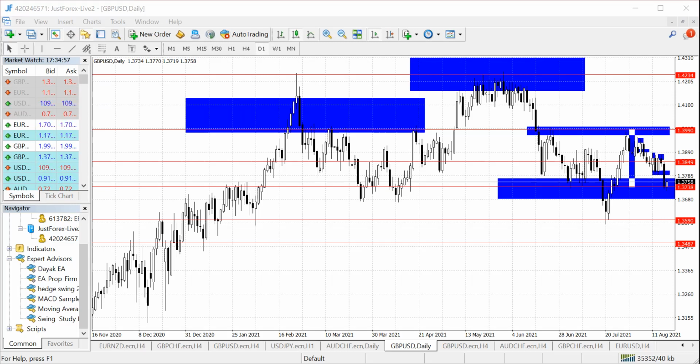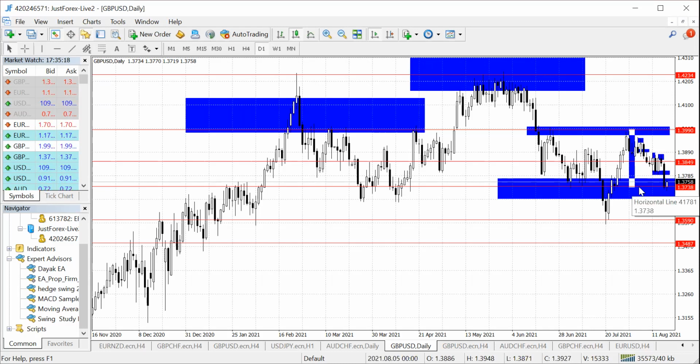Now, one thing that you should know, anytime that we want to analyze any pair, check on major zones, check on demand zones, check on supply zones. Here is where you have the supply zones. Then you have the demand zone at this particular point.